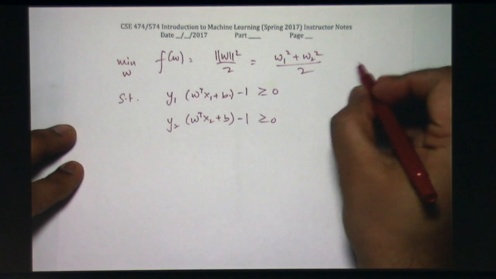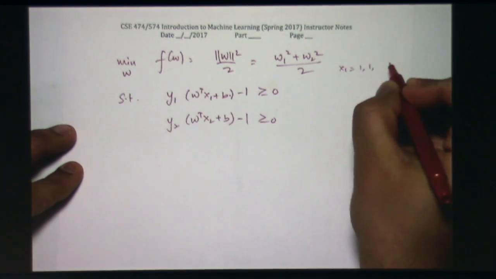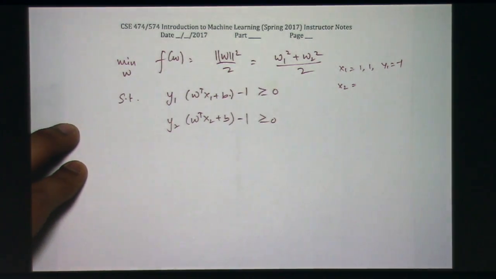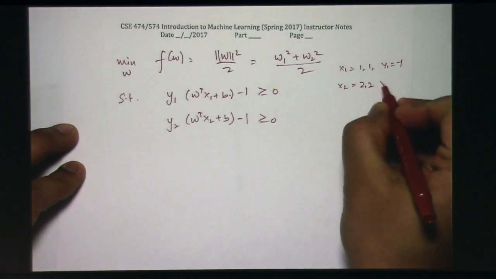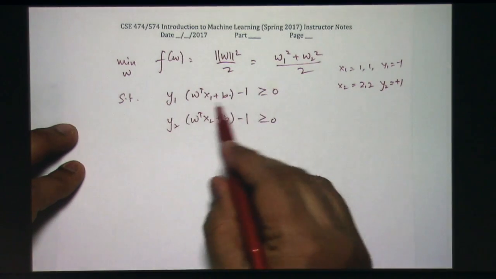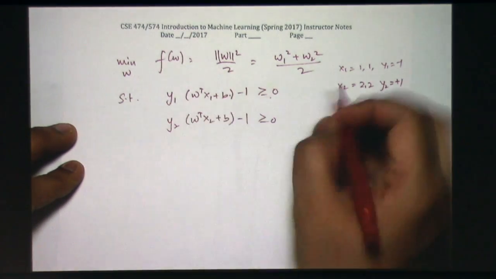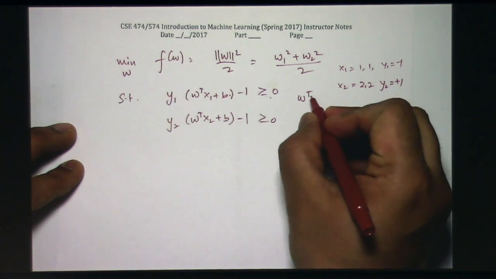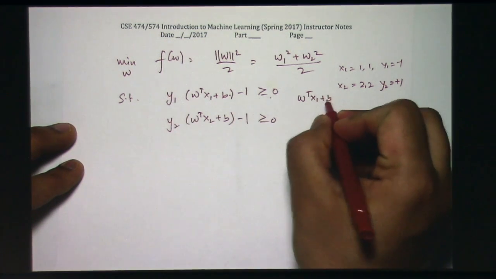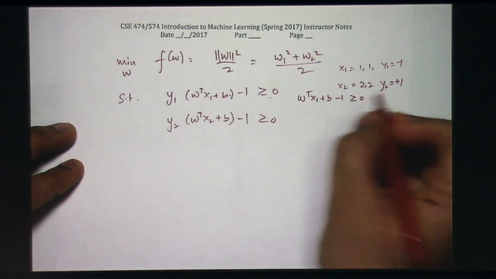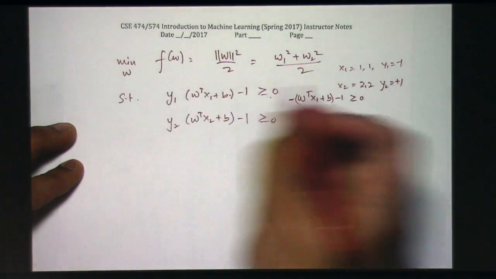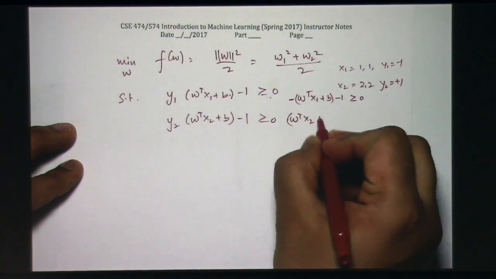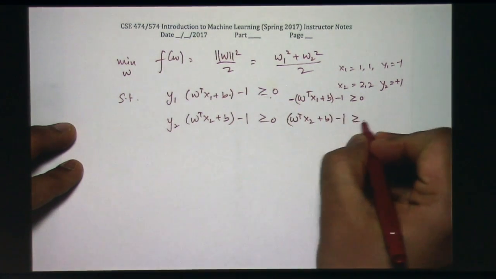Now remember, my x1 was (1, 1) and y1 was -1, and x2 was (2, 2) and y2 was +1. So I can rewrite these. This is nothing but saying that minus of (w transpose x1 plus b) minus 1 is greater than or equal to 0, because y1 is -1. And this one is w transpose x2 plus b minus 1 is greater than or equal to 0.